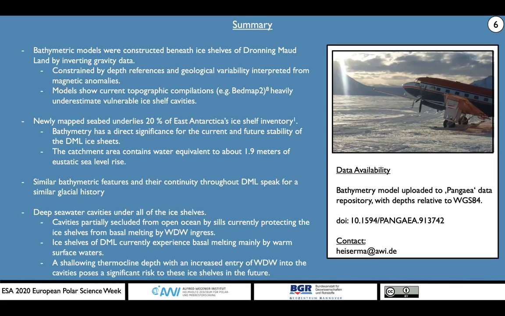And one could say that at this point, the basal melt is most likely dominated by the intrusion of solar heated Antarctic surface waters. Of course, a shallowing thermocline depth with an increased entry of warm deep water into the cavities poses a significant risk to these ice shelves in the future.